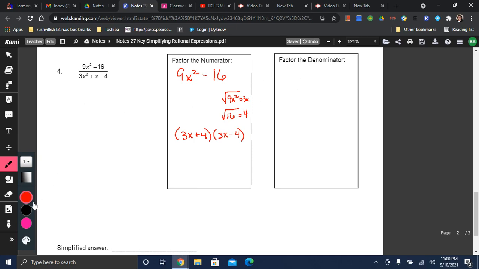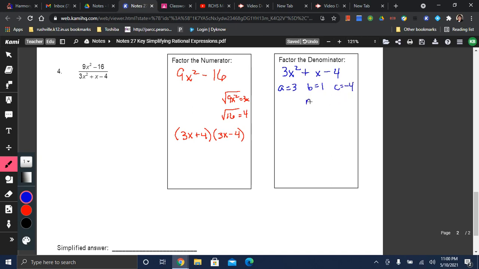And then our denominator, which is 3x to the second plus x minus 4. And so A is 3, B is 1, C is -4.